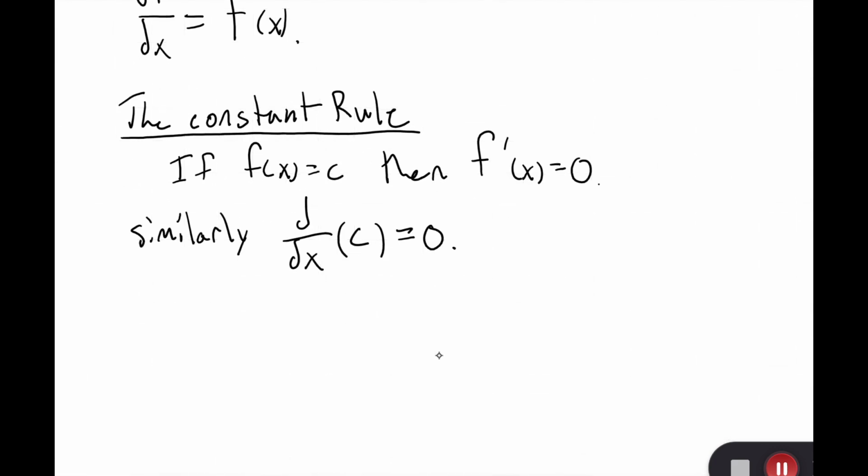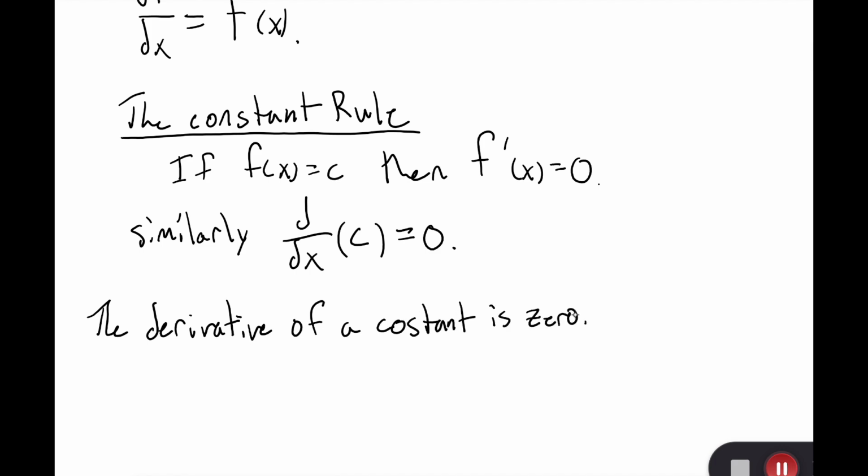And that makes sense, right? So this is all just saying the derivative of a constant is 0.